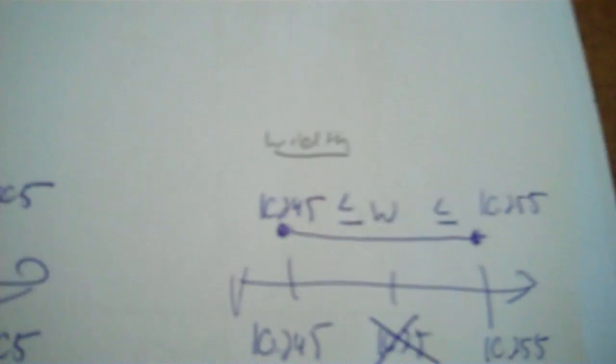Then you take your 10.25 and you subtract 0.005, 10.245. Circle fill, circle fill. You take out the middle and then W, put your minimum, and then you put your 10.255. So you write the lowest, then W, then the highest. That's it.